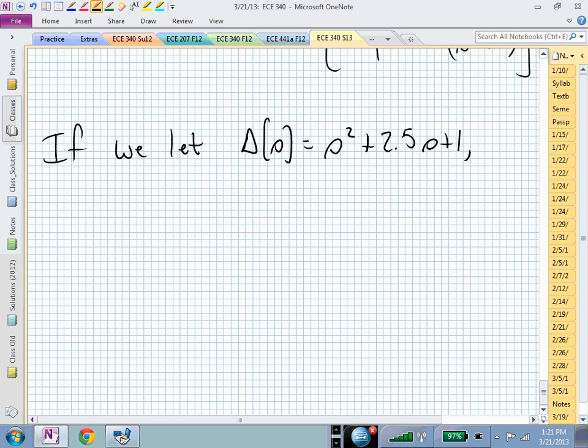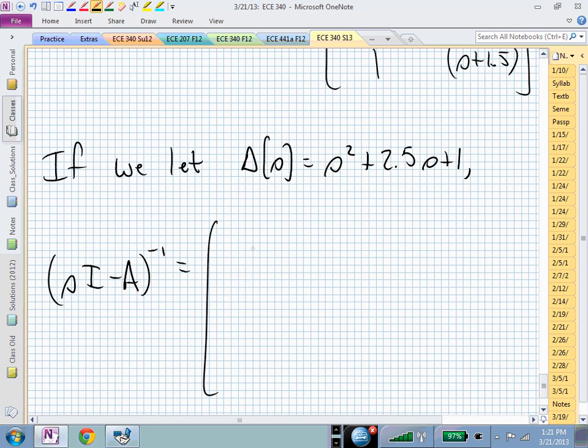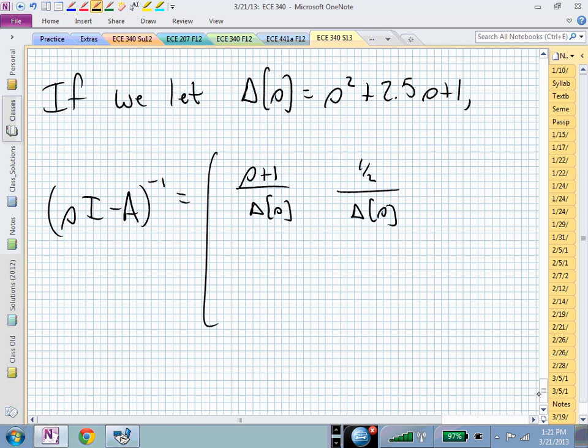Now we can rewrite SI minus A inverse as S plus 1 over delta of S, 1/2 over delta of S. So now we have 4 transfer functions, don't we, in SI minus A. Here we have 1 over delta of S, and down here we have S plus 1.5 over delta of S. That's now SI minus A inverse.